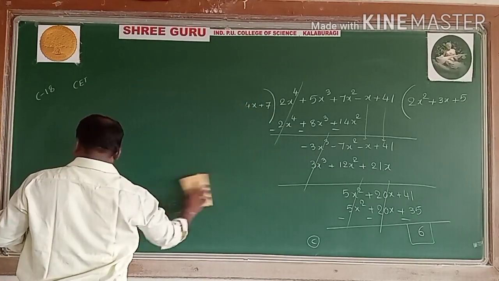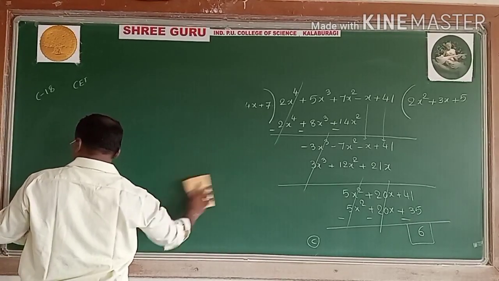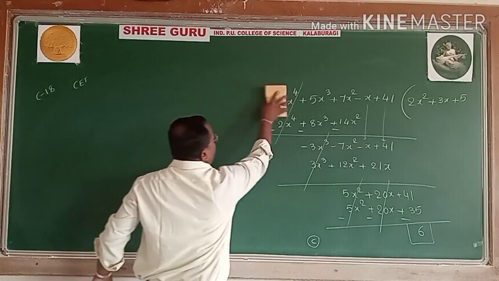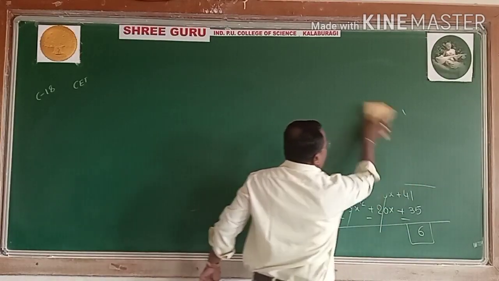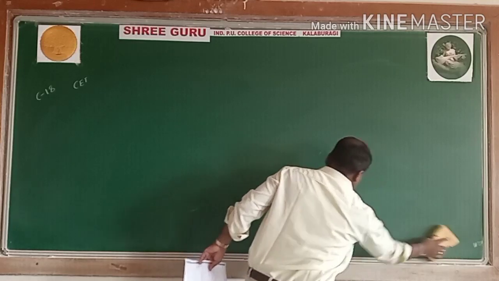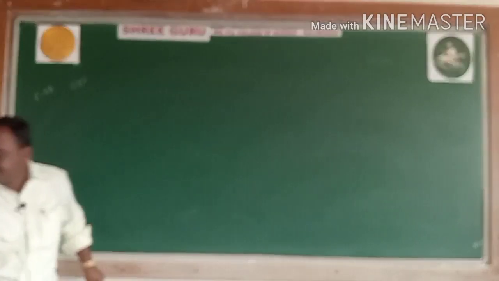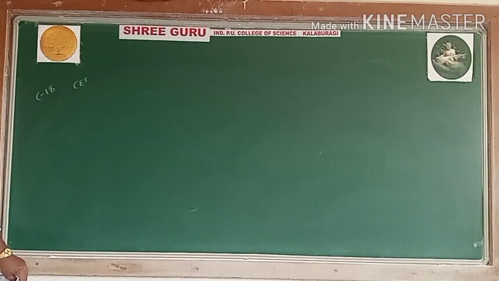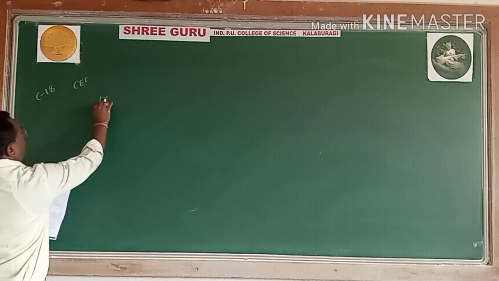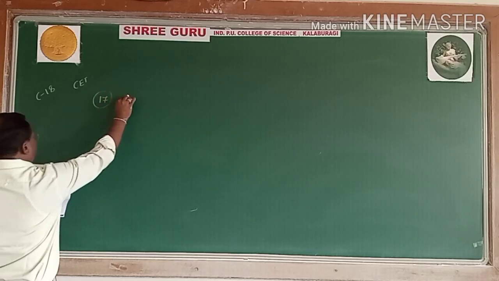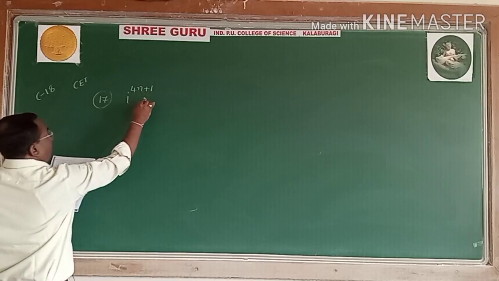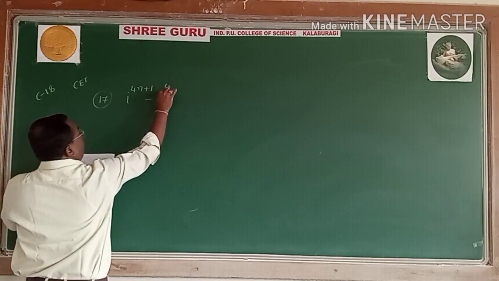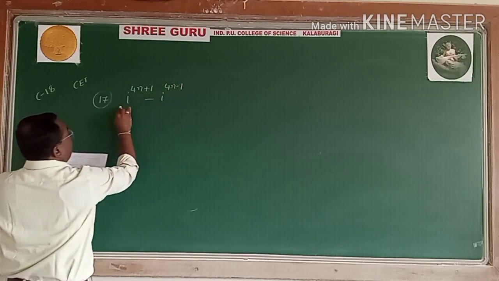Next, example number 17. That is i power 4n plus 1 minus i power 4n minus 1, divided by 2.